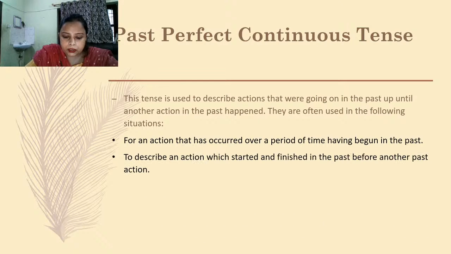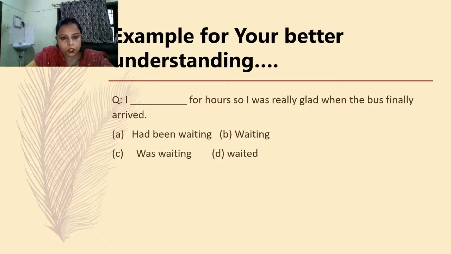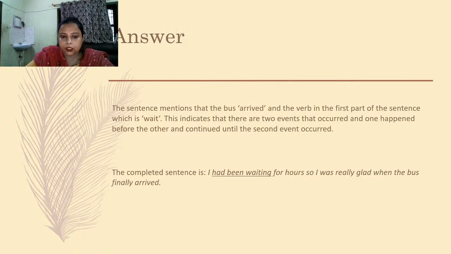To describe an action which started, was waiting, waited. Now I have to choose. You will choose from the given 4 options and you have to fill in the blanks with the correct form of verb. Now, children, please note the answer, it will be had been waiting.